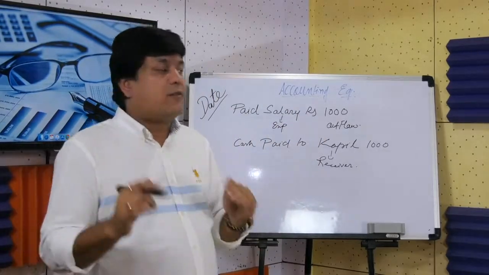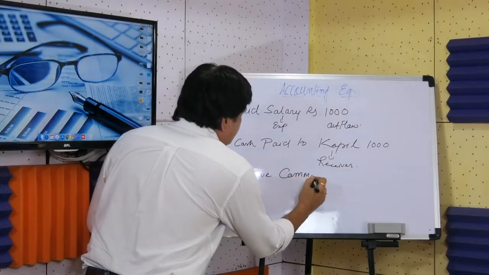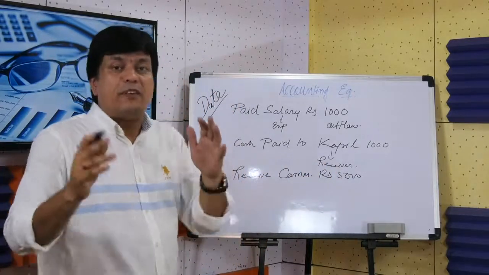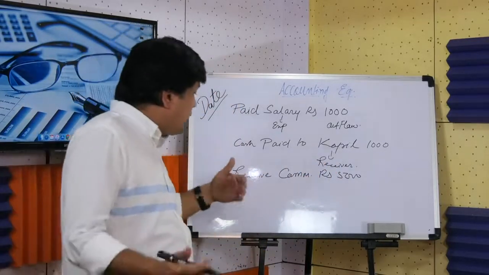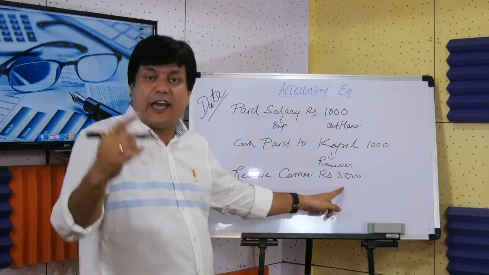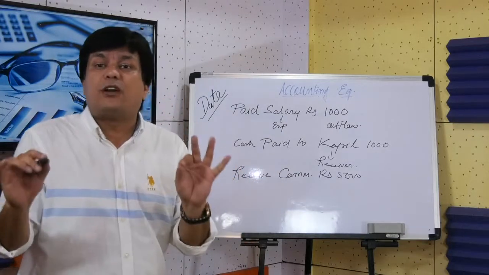Now let us come to another example. Say received commission rupees 5000. Now what happened in this? From the business point of view, your business has received commission. There is inflow of cash. Cash came into the business. Commission received is income for the business.